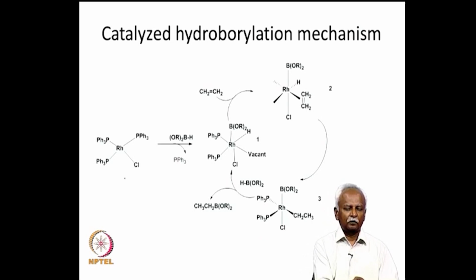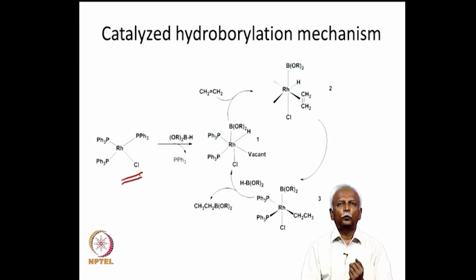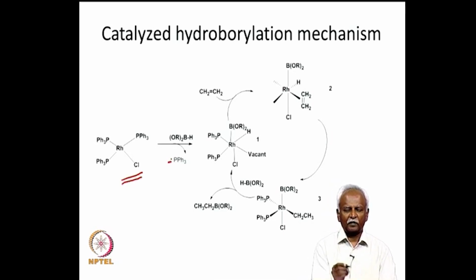Here is a resting state of the catalyst, which on loss of PPh3, loss of PPh3 from the coordination sphere, generates a vacant coordination site, and at the same time you have oxidative addition of the BH bond.